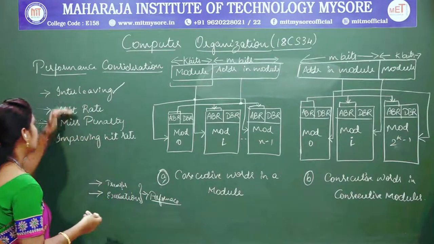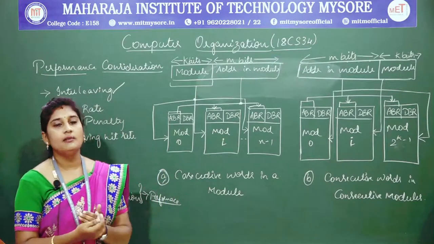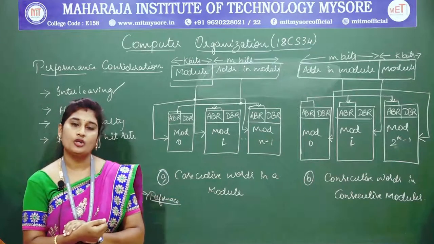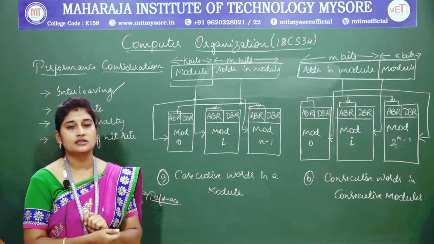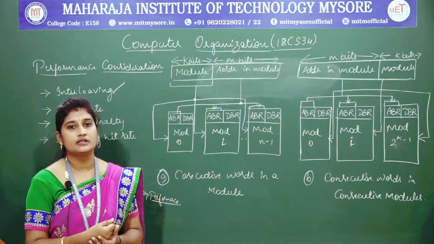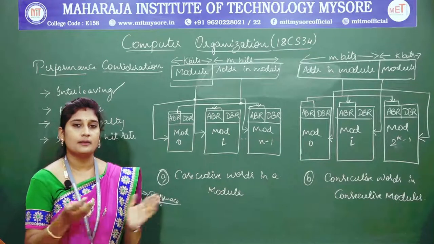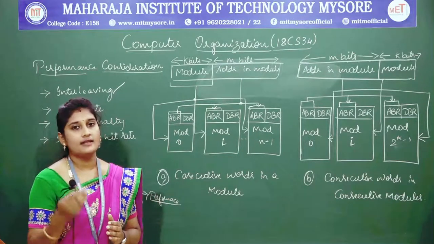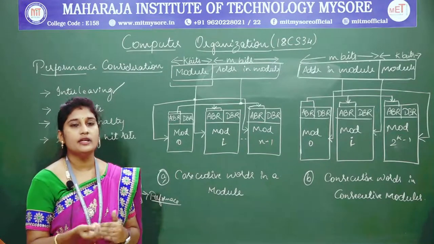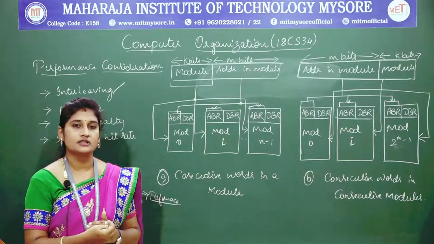In interleaving you make the memory structure into separate physical modules, and each module has two registers, that is the address buffer register and data buffer register. So when you make the main memory into separate modules, you can access each module consecutively, so that the accessing speed can be increased when the processor makes a request for the instruction set. Fine.